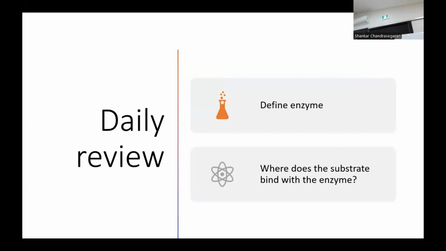Okay, next, where does the substrate bind with the enzyme? Can I get Kevin? Okay. At what place does the substrate bind to the enzyme? There's a specific name to this place. Binding site. That is located on the substrate. What's the one on the enzyme? Any ideas? Someone else? Janita? What do you think?